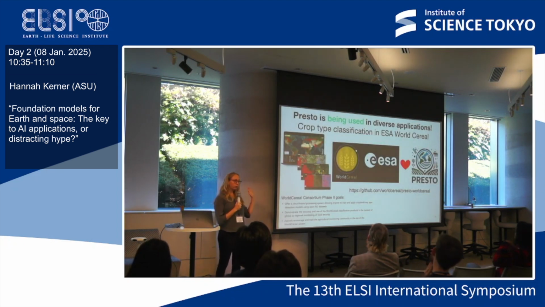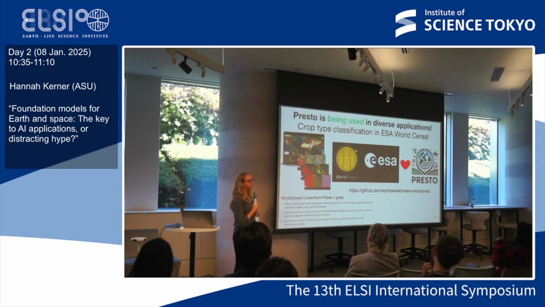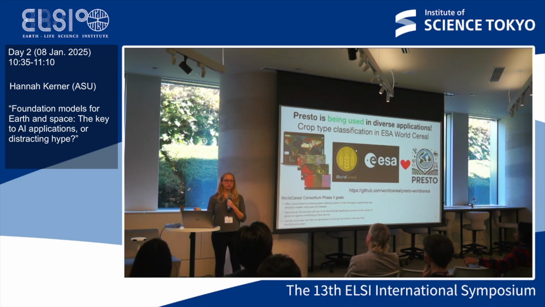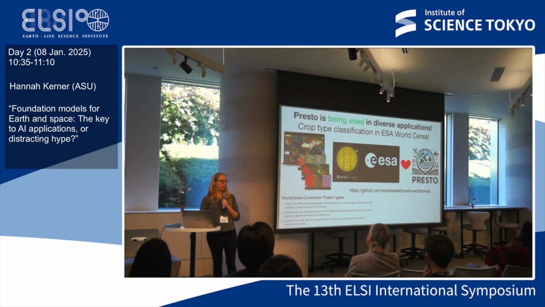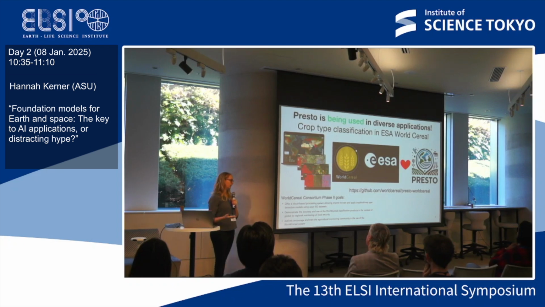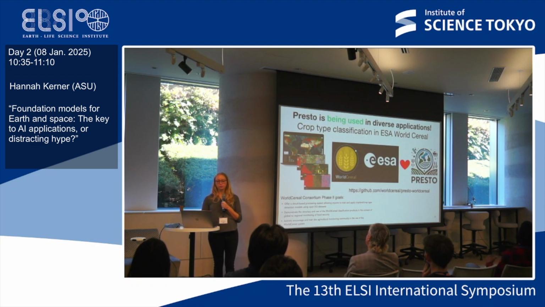So for all of these reasons, it's led to Presto being adopted by many different end users, not just us in my own group, even though we do use it for some of these other tasks that I mentioned. But the ESA World Cereal Project, which is creating global maps of cereal crops every season over the entire world, has integrated Presto into its pipeline. So you can go to ESA's website and use Presto in their infrastructure now.